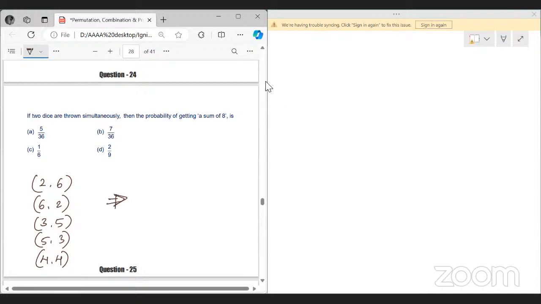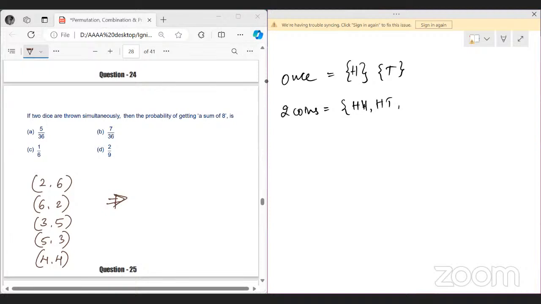If you flip a coin once, the total number of outcomes is either head or tail. When you flip it twice, or flip two coins, it will be HH, HT, TH, TT.